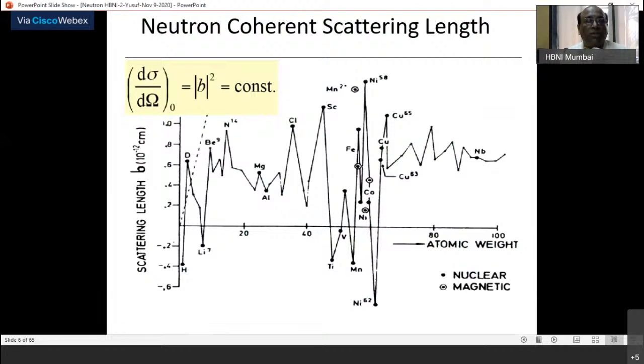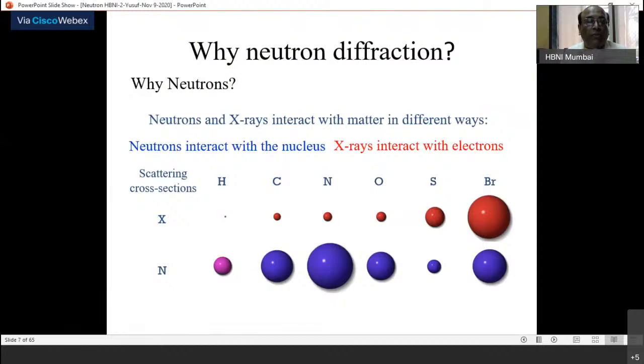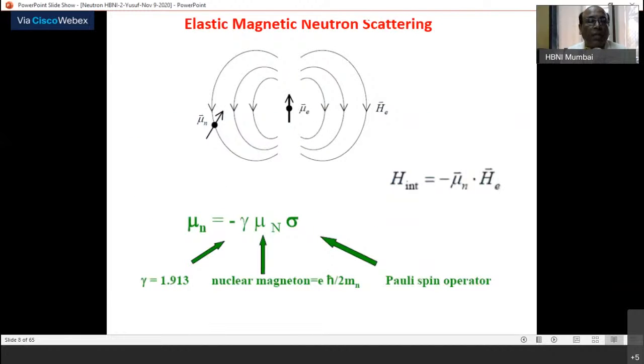So as you see, I'm just flashing through my earlier viewgraphs. This is the essential part, the neutron magnetic moment. The neutron magnetic moment interacts with the atomic or ionic magnetic moment.